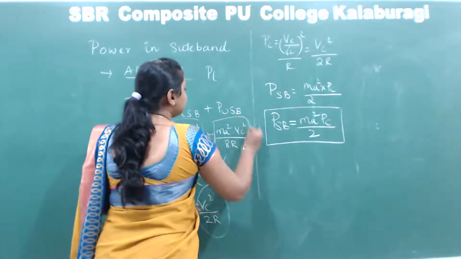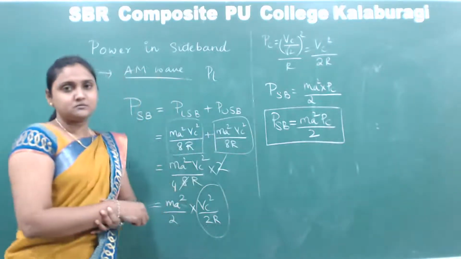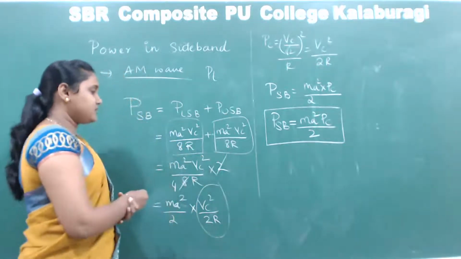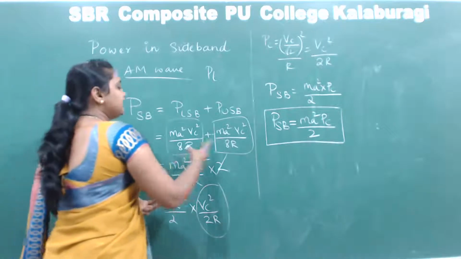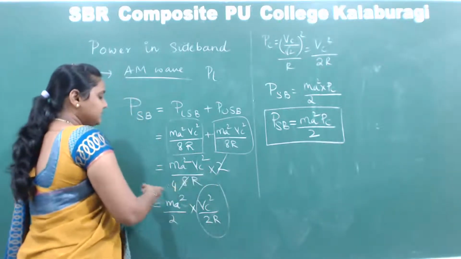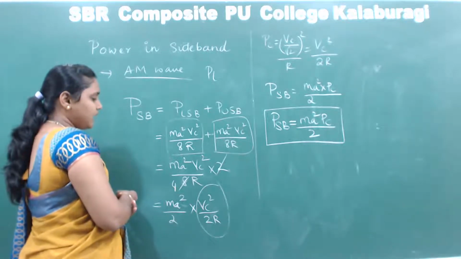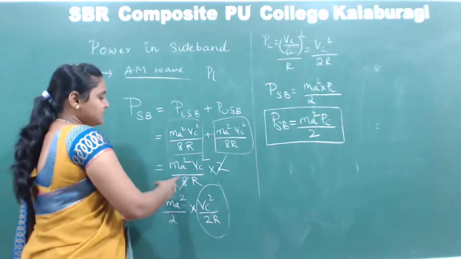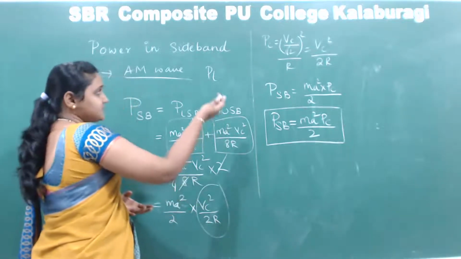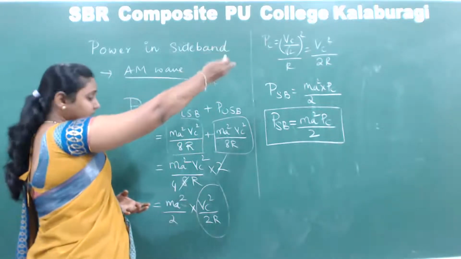And for two sidebands, we will just take another term. What we have taken for LSB, we have to substitute the same value for USB also. Adding the two similar values or multiplying by 2 means the same. That's why multiplying it by 2 gives you 4R in the denominator. From this, VC square divided by 2R is taken common because it is nothing but PC.